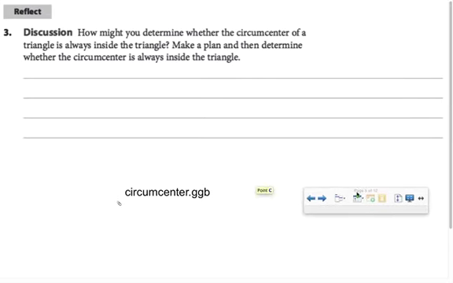So let's just make a note. If the triangle is acute, the circumcenter is inside.